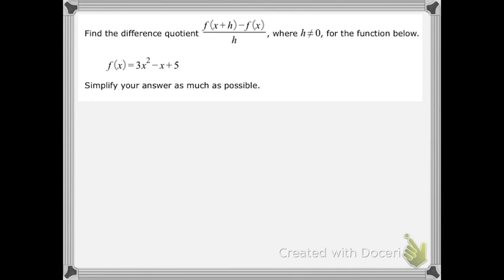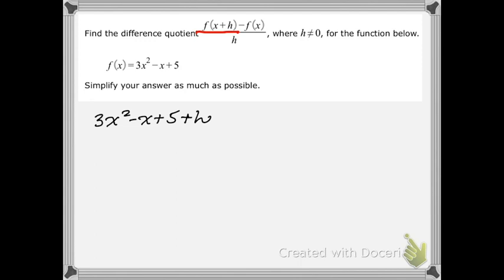What is going to happen is that a student will want to do f of x plus h, and they will do it like this. They will do f of x, there's f of x, and then they will go plus h.